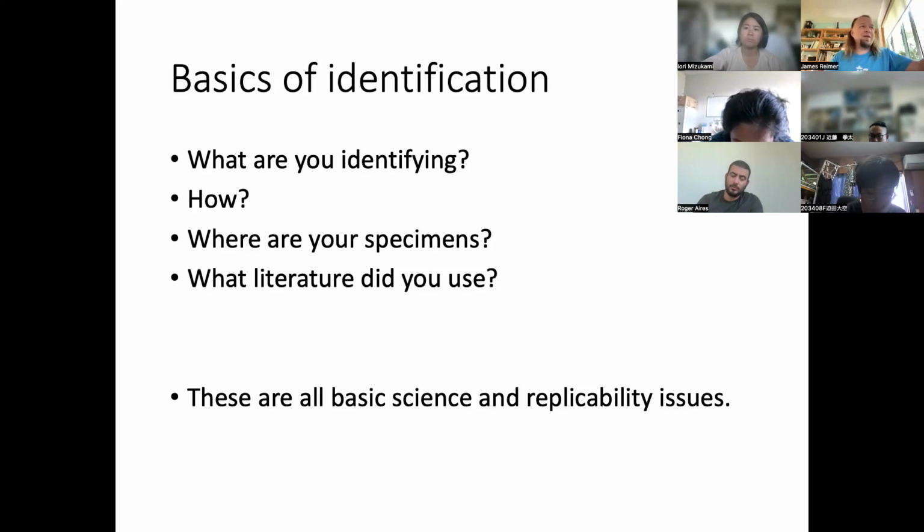You need to reference, you need to tell people, we used this book, we used this paper, right? And then also, great, well, I want to double check, where are your specimens? Oh, we threw them away. End of the world, right? So your specimens and all the information you have, that's also equally important, okay?